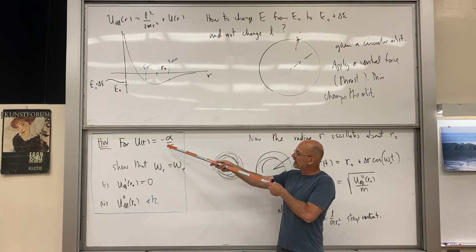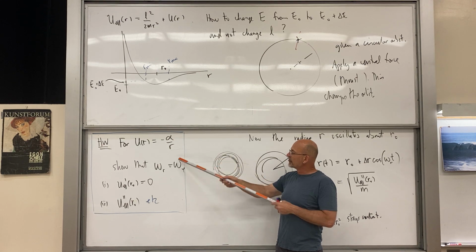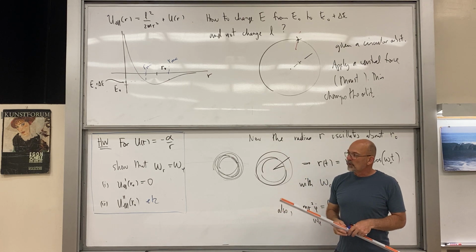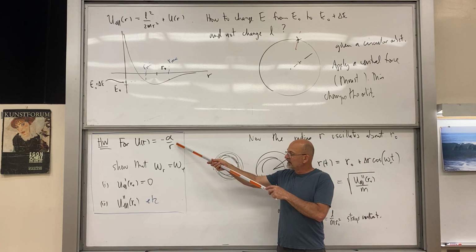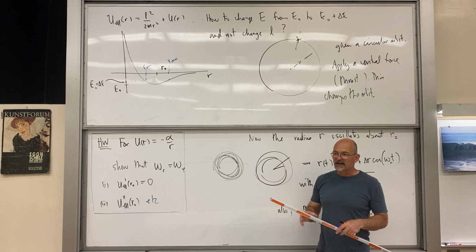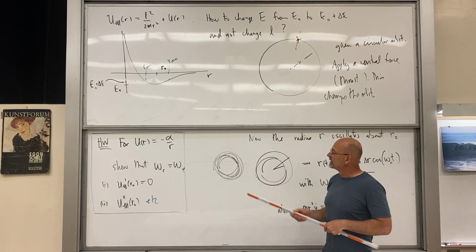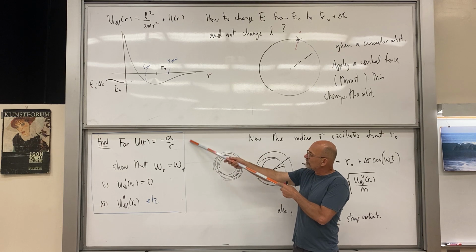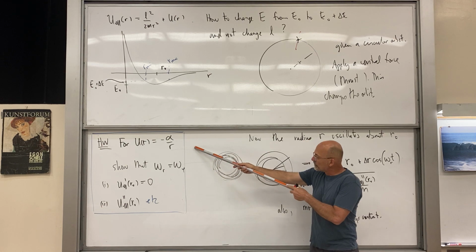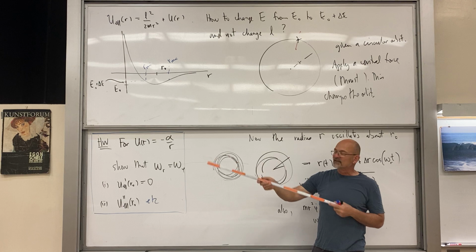So if the Newton potential is minus alpha over r, then for a slightly non-spherical object, slightly ellipsoidal, you're going to add some correction terms here. You're going to add a beta over r cubed, which we'll prove next semester.